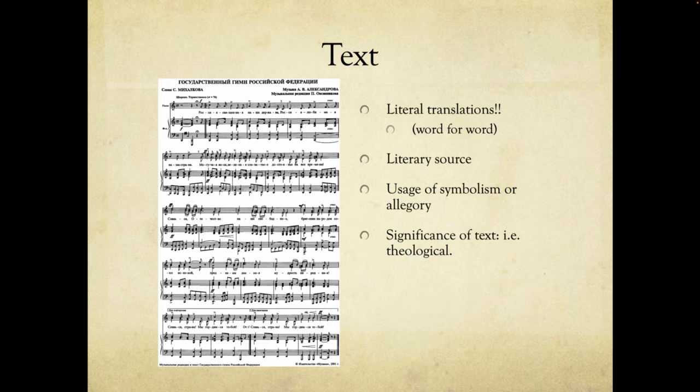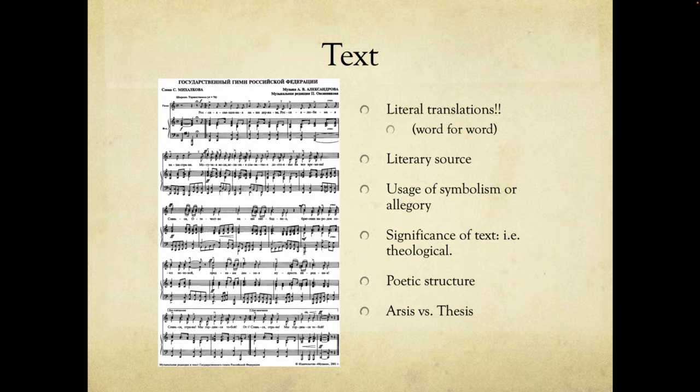Again, the literary source and the significance of the text comes back, and it's very important in your performance aspects of this. Looking for poetic structure. A lot of times really good composers will utilize this poetic structure of the text in the way they set the text. And then arsis and thesis, and we will talk a lot more about this throughout the semester. You may or may not be familiar with the term arsis and thesis. This is the idea of a plus and a minus system.